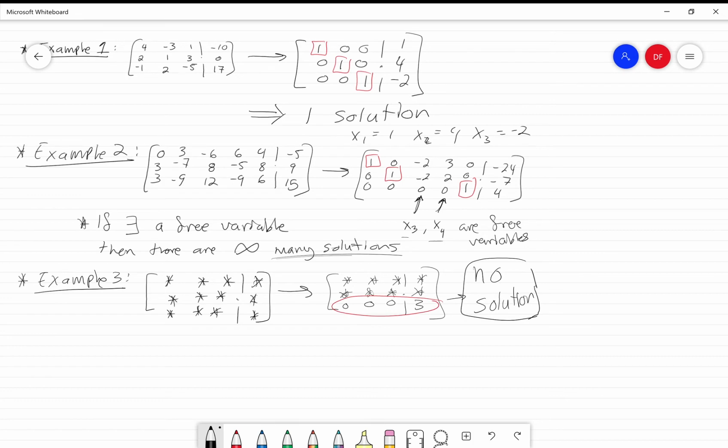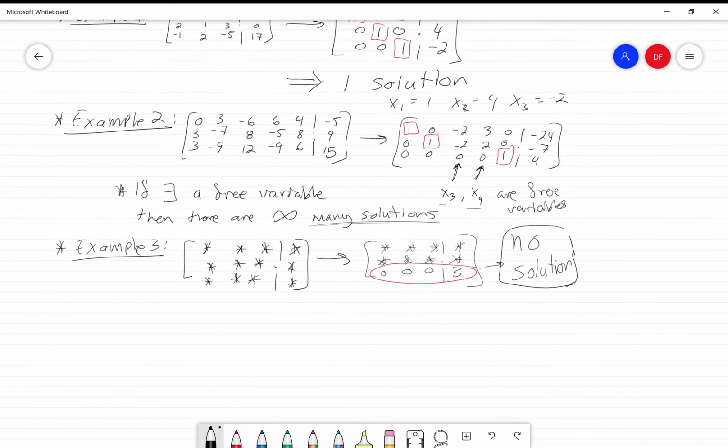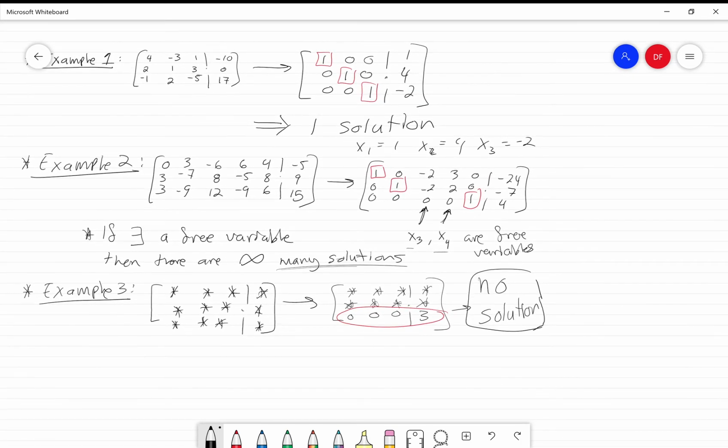So before I move on, I want to talk about the geometric interpretation of a solution, at least let's say for one solution, for a 3 by 3 matrix, or for a system of 3 equations with 3 variables.